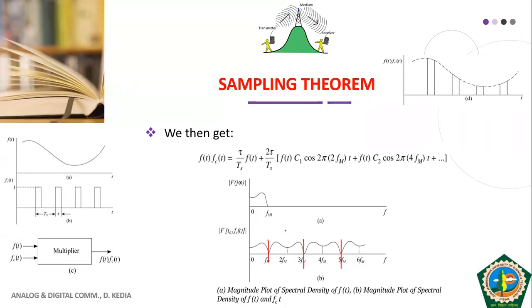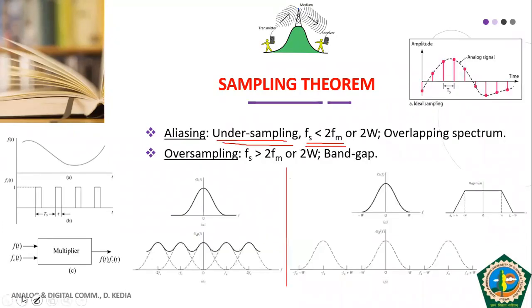But if my sampling frequency becomes less than twice of fm, it will shift towards the left side. It means there will be overlapping here. So if my sampling frequency becomes less than twice fm, I call it undersampling, and my spectrum becomes overlapping.